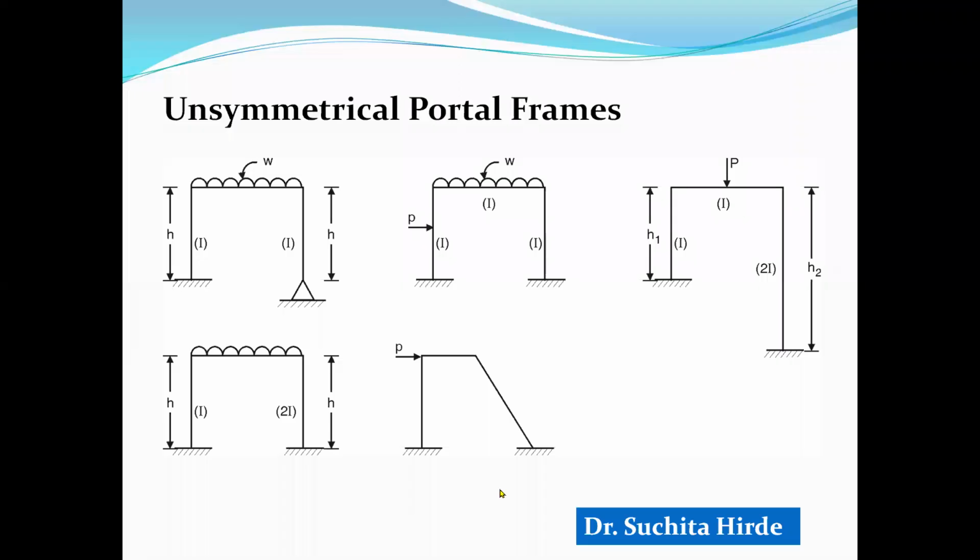Unsymmetrical portal frame looks something like this with different support conditions or having unsymmetrical loading, different column heights, or moment of inertia of column may be different, or it can have inclined legs. So unsymmetrical portal frame can also be solved using Kani's method in single steps.